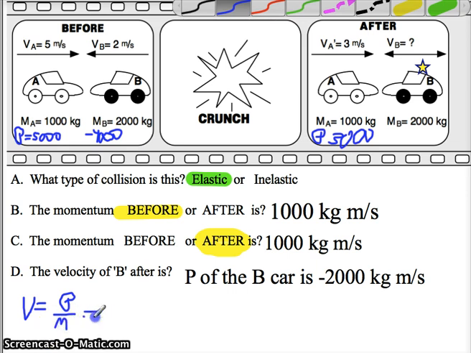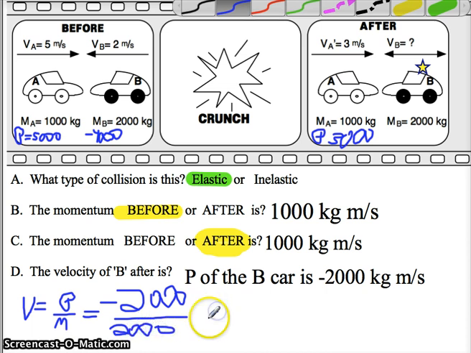Well, its momentum is negative 2,000 kilogram meters per second, and its mass is 2,000 kilograms, making its velocity negative 1 meter per second. That means that it's going to go to the left at 1 meter per second.